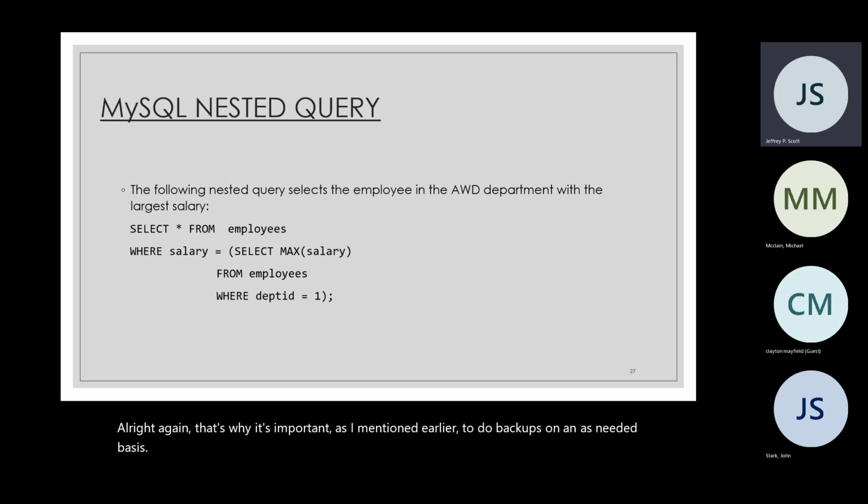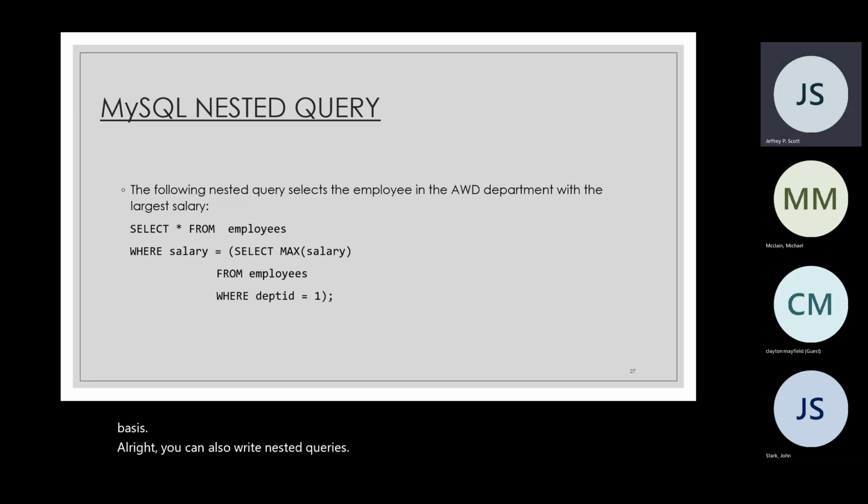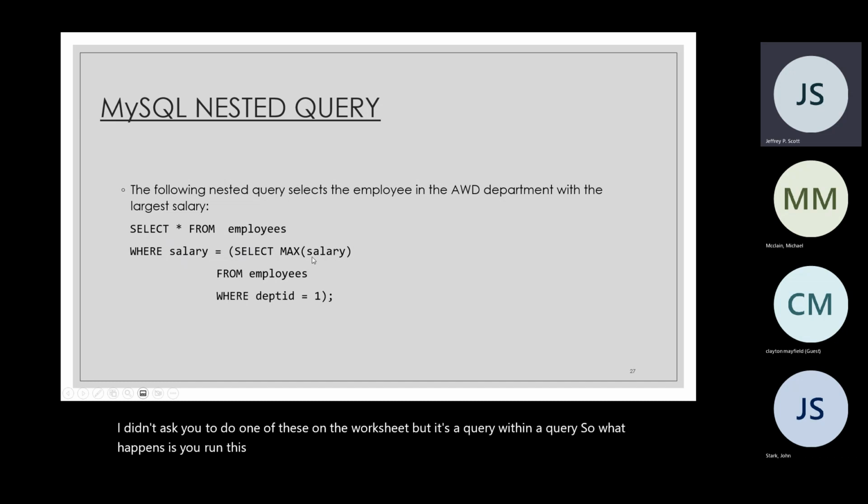All right, you can also write nested queries. I didn't ask you to do one of these on the worksheet, but it's a query within a query. So what happens is you run this query right here: select max salary from employees where department equal 1. Let's just say it was $100,000.